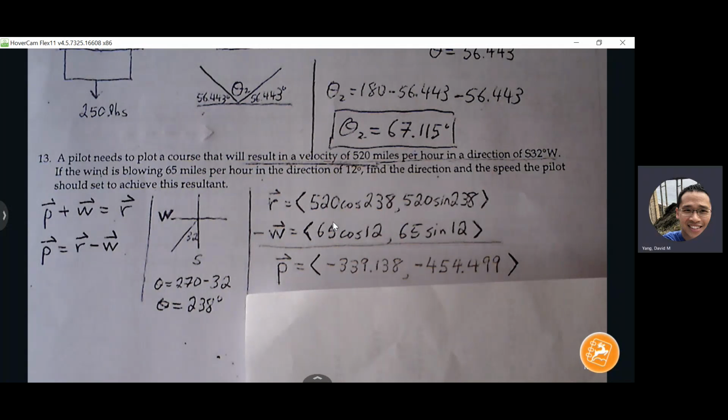Once you get to your plane vector, then you can use inverse tangent to get your direction. And then for magnitude, you can use the Pythagorean theorem.